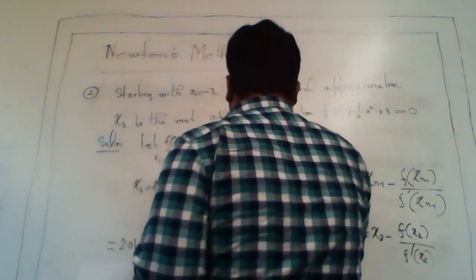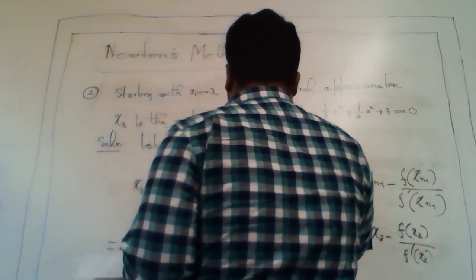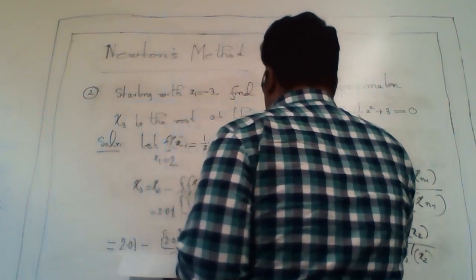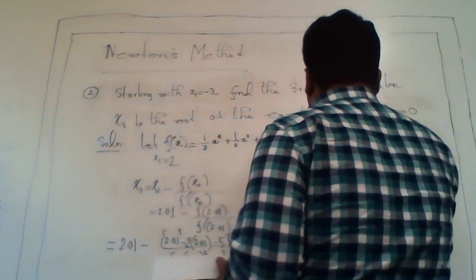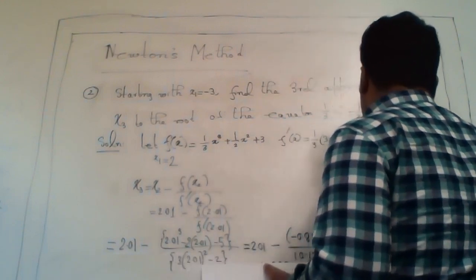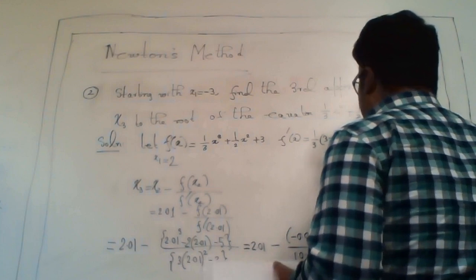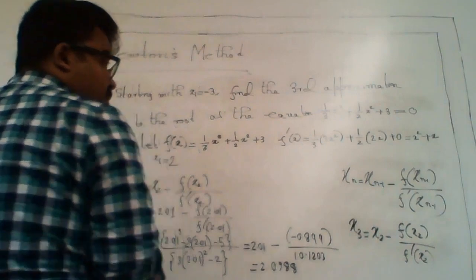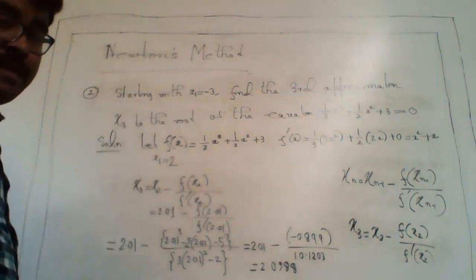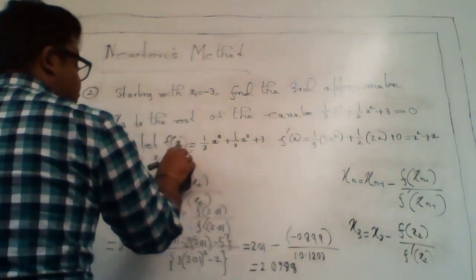So f prime x will be 1/3 times 3x squared plus half times 2x plus 0. So you get x squared plus x. This is the value of the derivative, and the value of x1 is given to be -3.